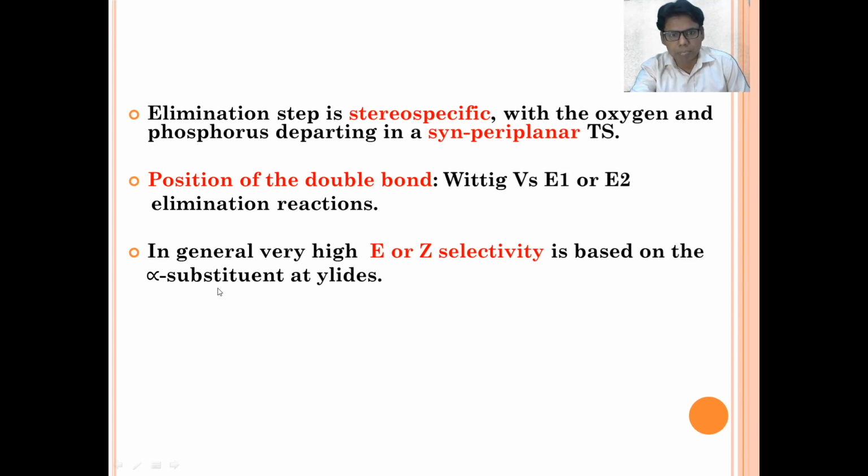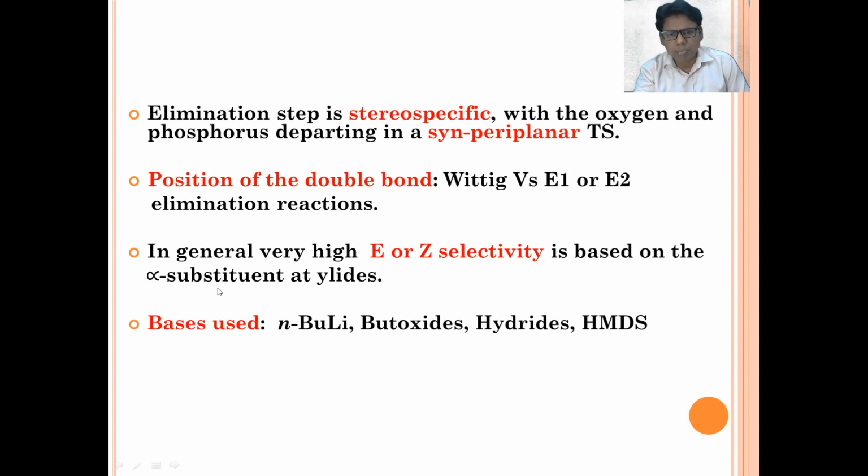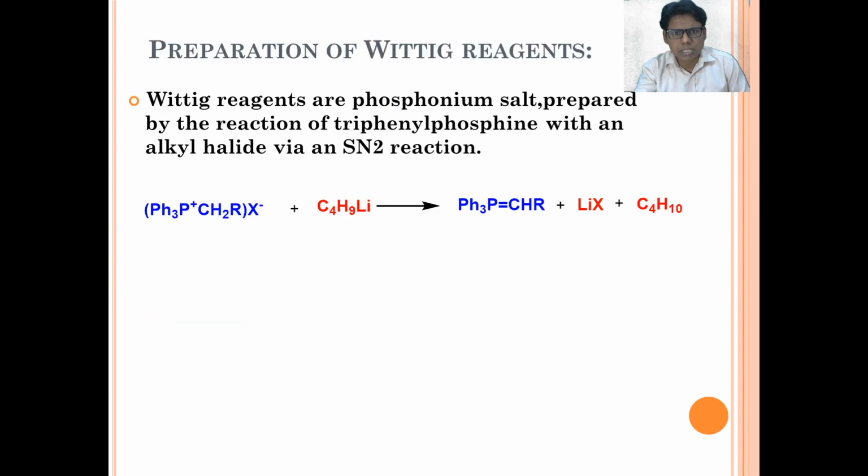We'll see more examples. Other bases used, apart from butyl lithium, are some tertiary butoxide of sodium, potassium, and sodium hydride. With this, we'll move to the next slide in which there is preparation using triphenyl phosphine and halide.